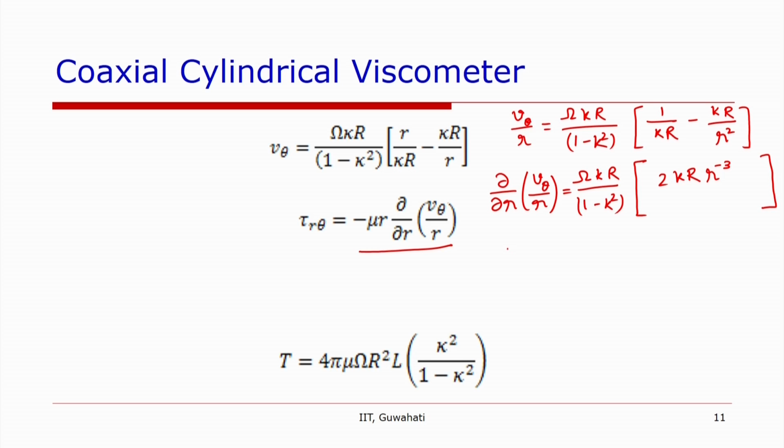Okay, and tau r theta will be equal to minus mu r omega kappa square R square divided by 1 minus kappa square, r cube.